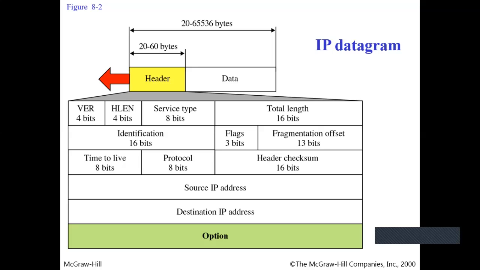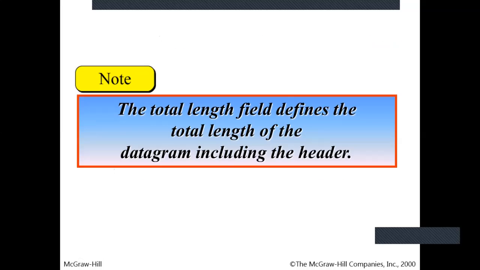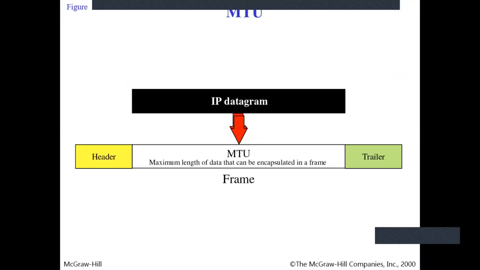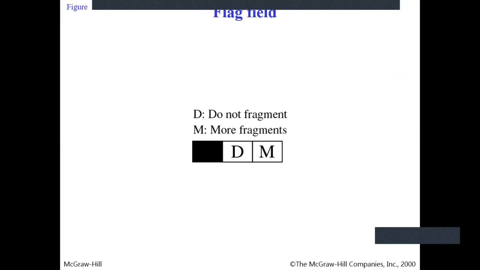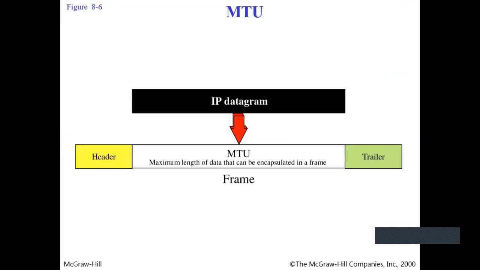If the identification field is the same in four fragments, these four fragments are related to one datagram. Clear? This is the role of the identification field in the IPv4 datagram. Now come to this slide.